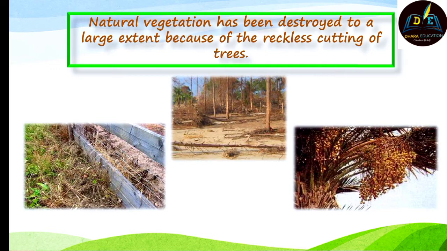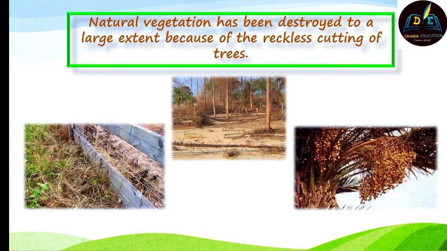This has happened in order to build factories, companies, buildings, and settlements for human beings, which is very bad to see, because the forest is very useful for us, as we have discussed earlier as well.